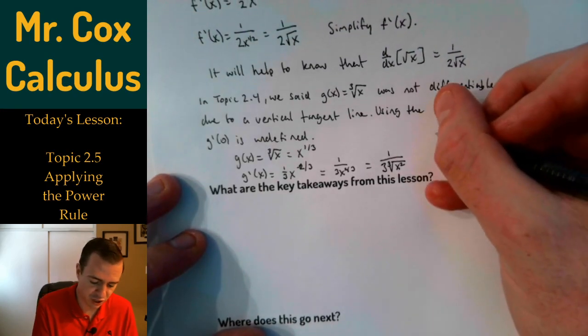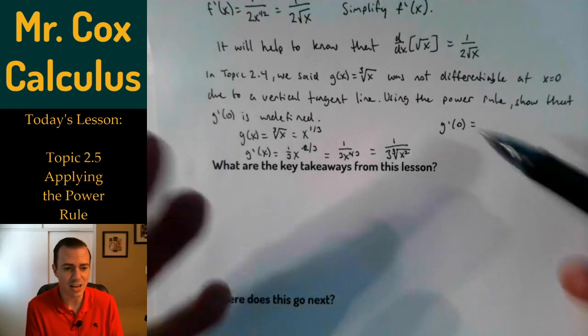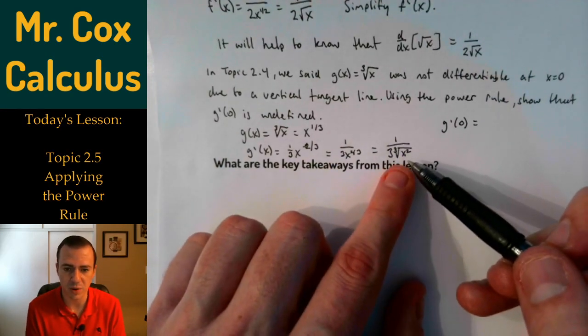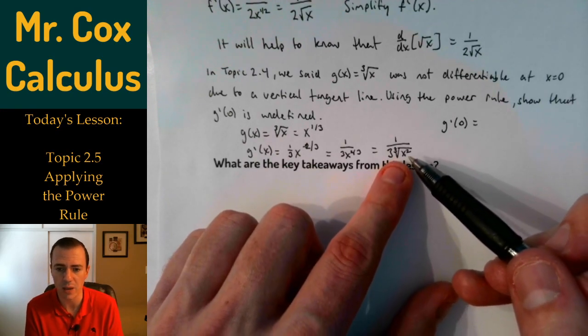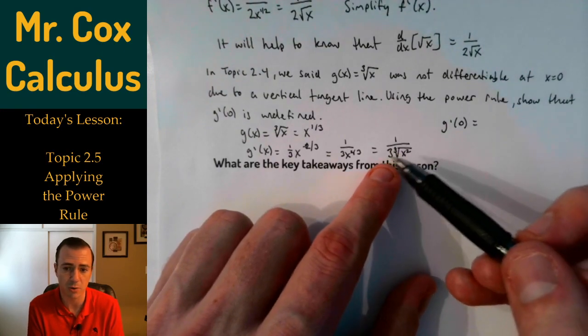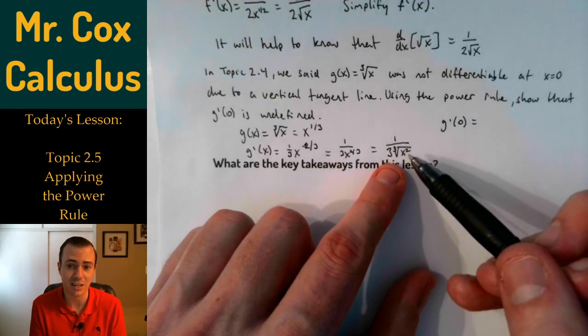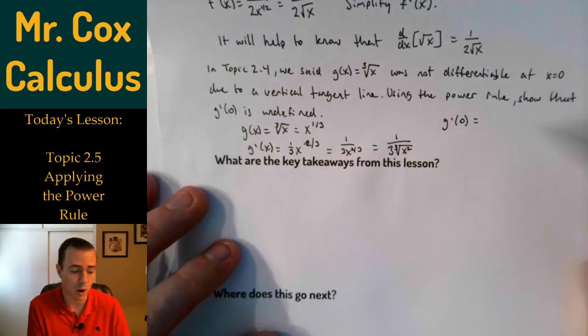Well, what is g prime of 0? Because of the nature that the derivative forced x down to the denominator, if I plug 0 in here, I get the cube root of 0 squared, which is 3 times 0 in the denominator. You can see clearly that g prime of 0 is undefined because it would equal 1/0.